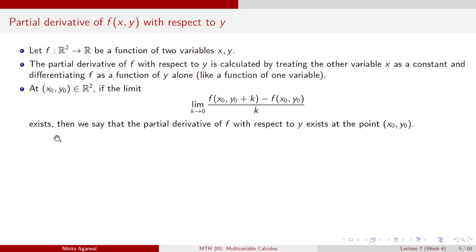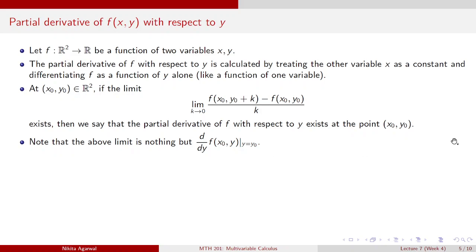If this limit exists, then we say that the partial derivative of f with respect to y exists at the point x naught, y naught. Again, this limit is nothing but the derivative of the function of one variable, which is f of x naught comma y, at the point y equal to y naught.